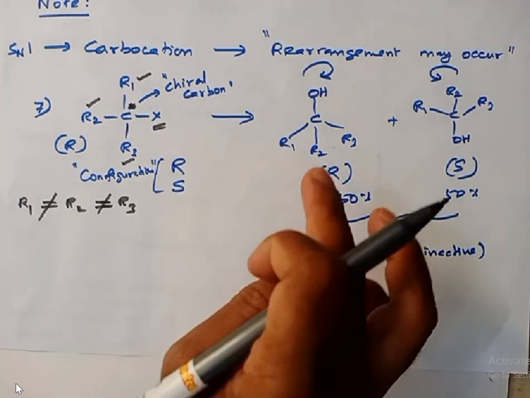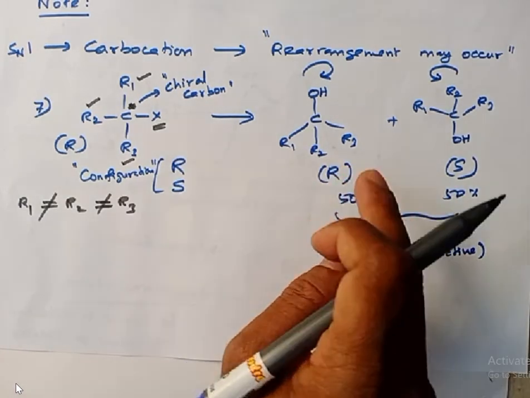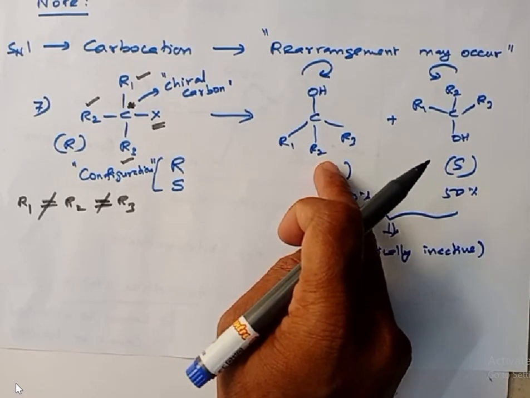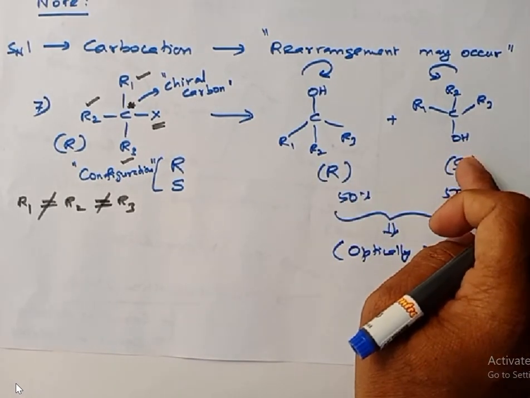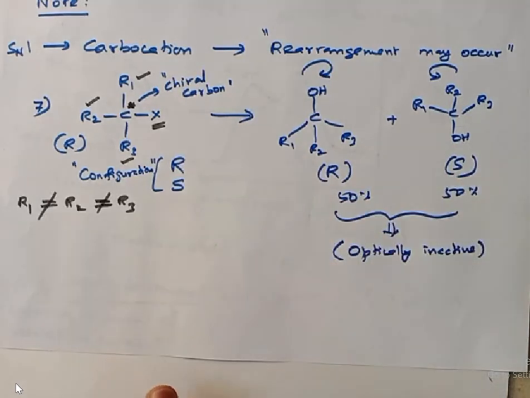If a mixture contains 50% of the R isomer and 50% of the S isomer of the same compound, that mixture is called as dash. Racemic mixture. Yeah, very good.